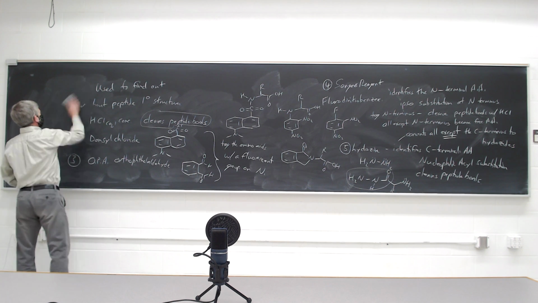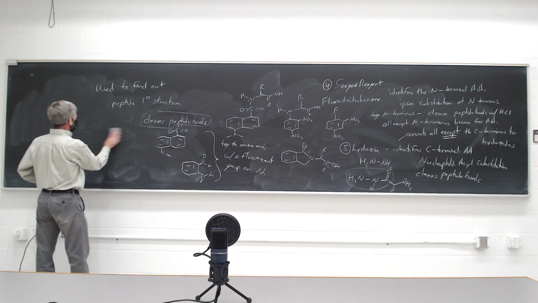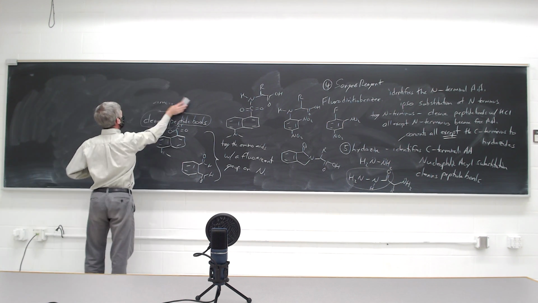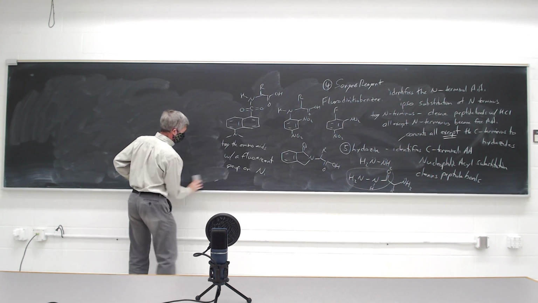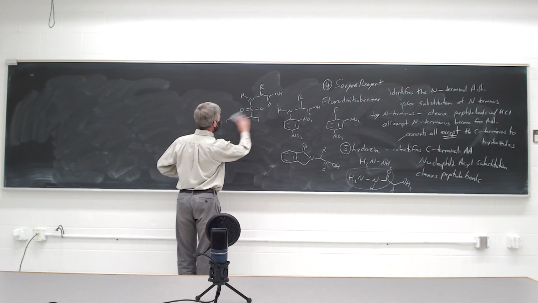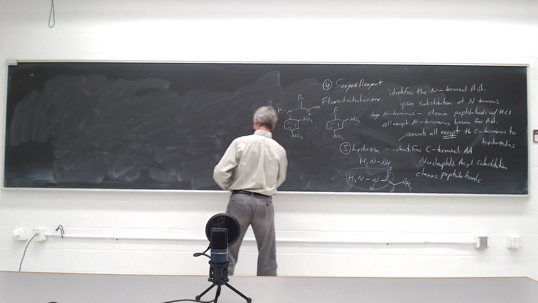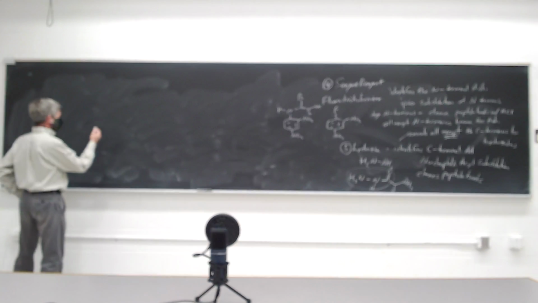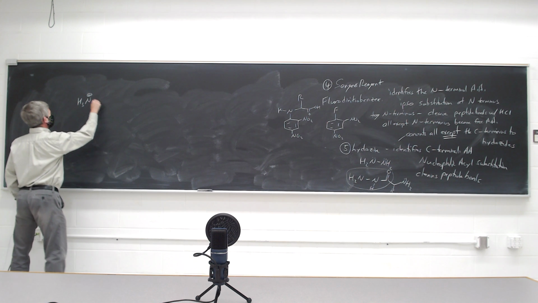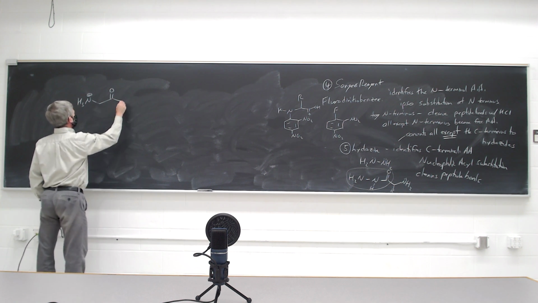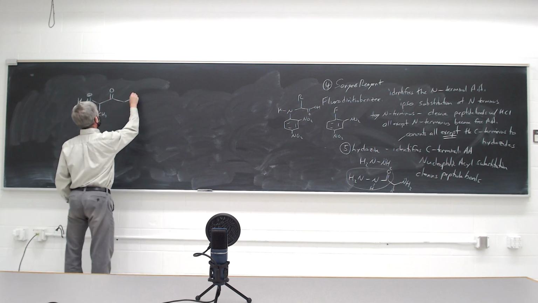So just for review purposes, we should probably talk about the mechanism of reaction of those two things. They're both fairly simple. They're mechanisms you've seen before. So if you take a dipeptide, for example, let's use a very simple dipeptide.